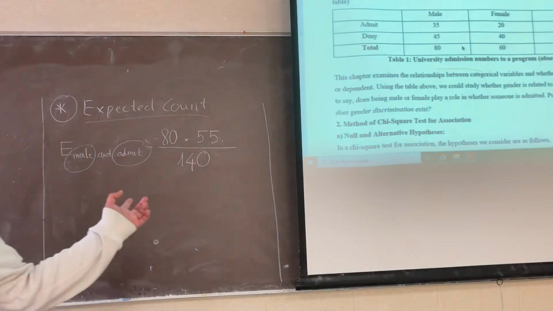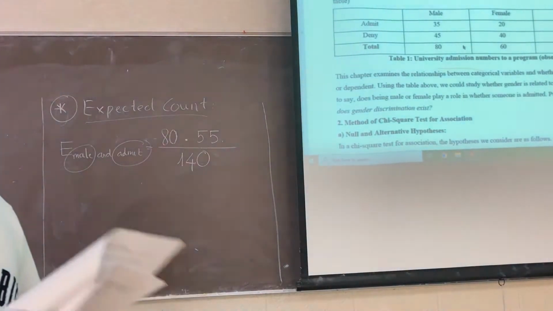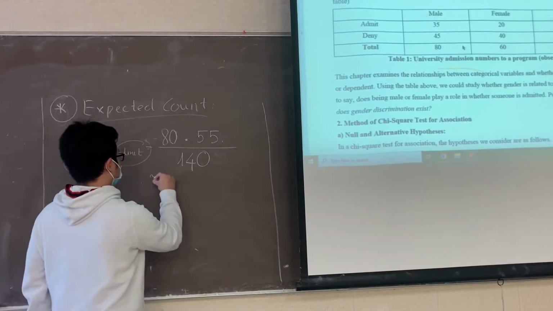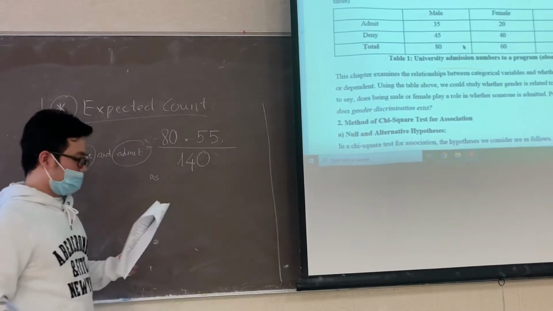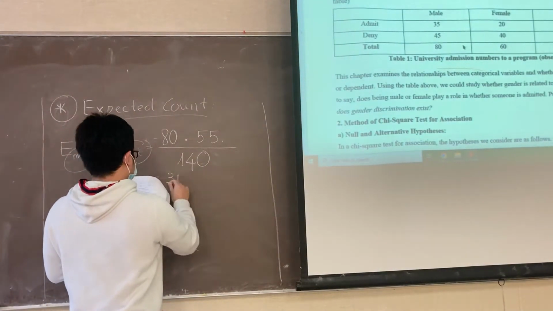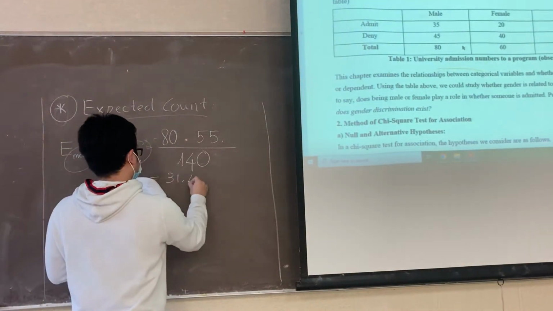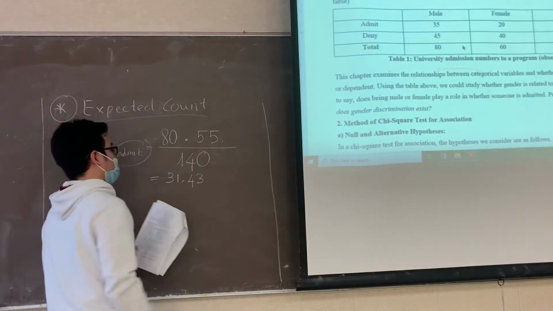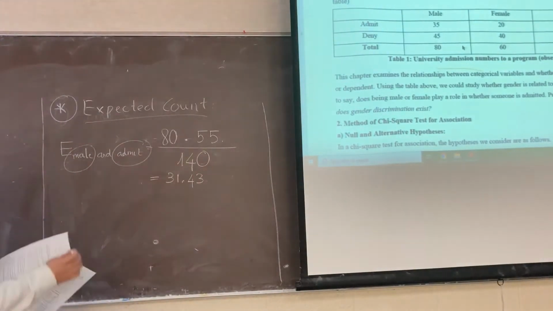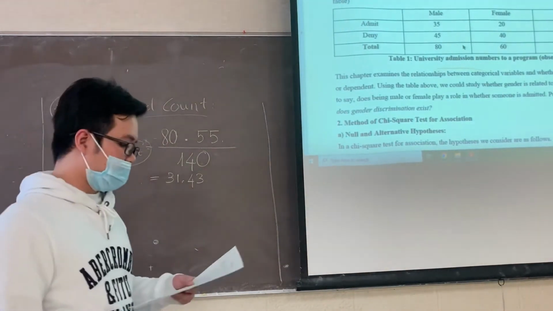Is it clear how to calculate this? Using a calculator, we calculate this and it is approximately equal to 31.43. That's the expected count for male students who are admitted to the university.